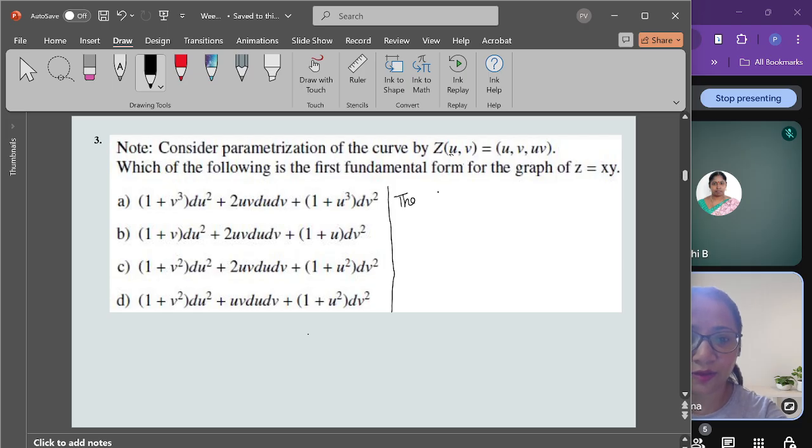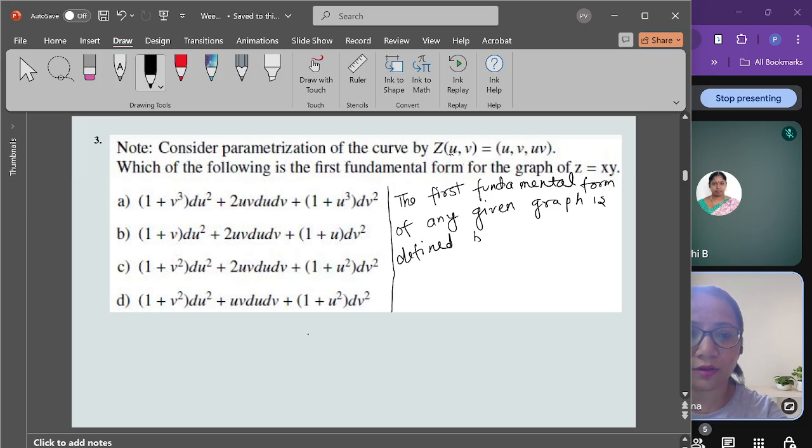The first fundamental form of any given graph is represented by I, which is E du square plus 2F du dv plus G dv square.